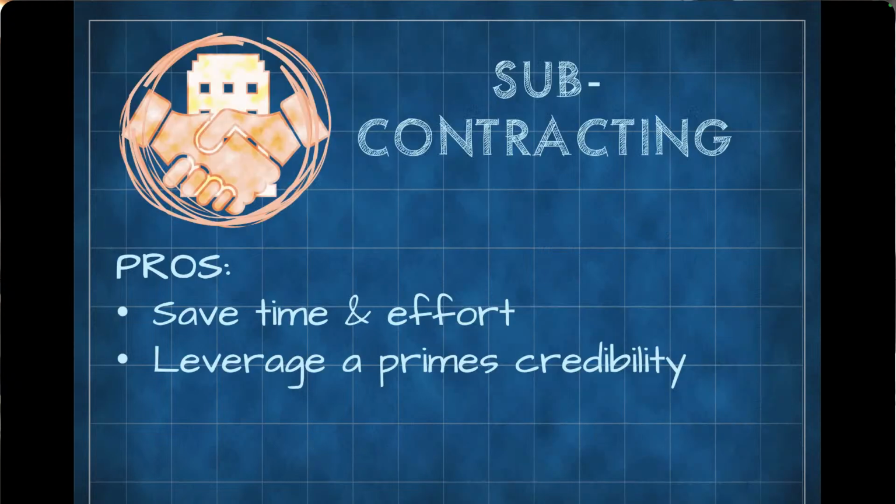Cool. And so here, let's talk a little about some of the pros and cons of subcontracting. The idea here is that instead of trying to develop a relationship with the government and then using that relationship to influence their buying, you're doing the same idea, except you're doing that engagement with a prime contractor.